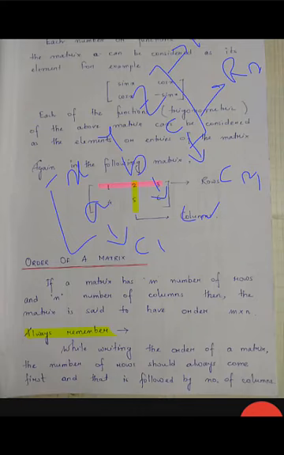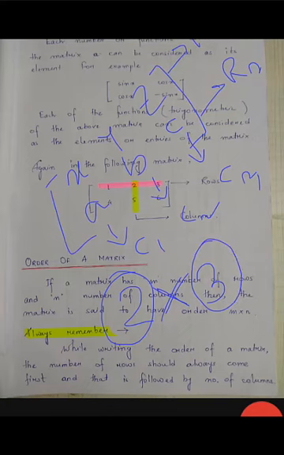So here in this case, how to determine the order of the matrix? Remember one thing, that the order of the matrix is denoted by number of rows into number of columns. So in this particular example, as we are having two rows, 2 will come first, followed by the into sign, then followed by the number of columns. So this is the order of the matrix which we have considered just now.